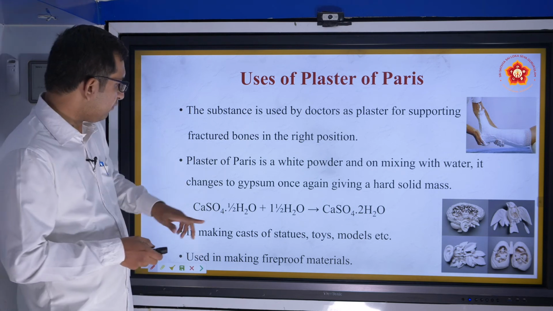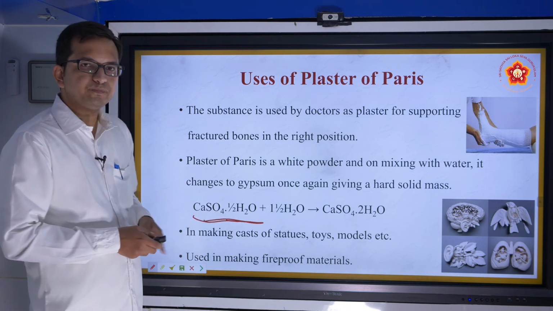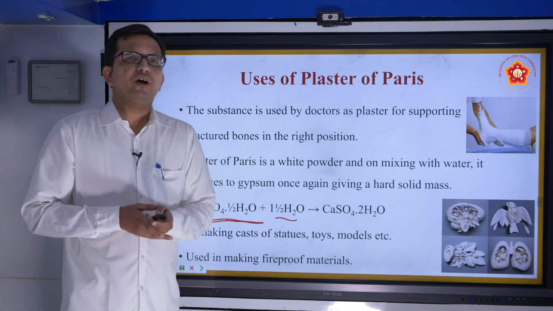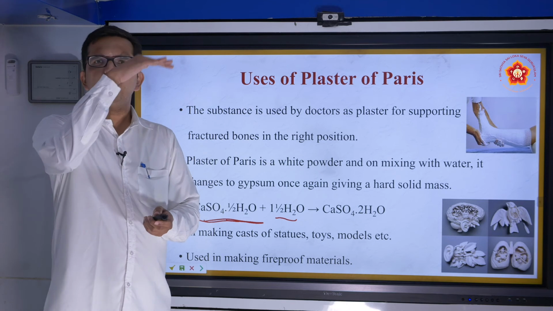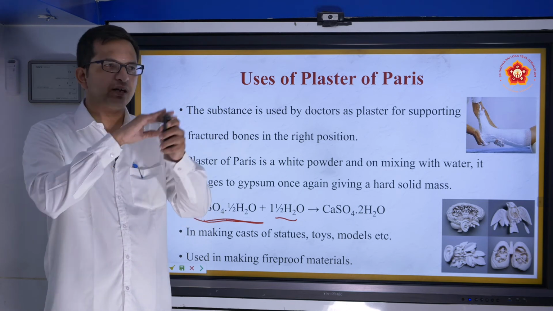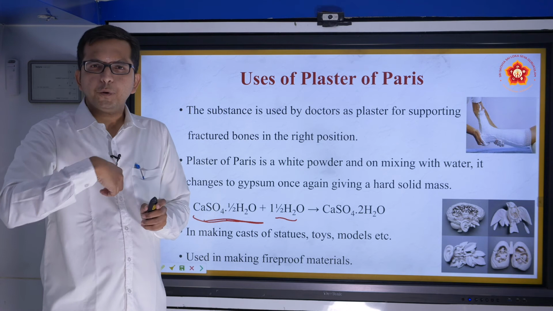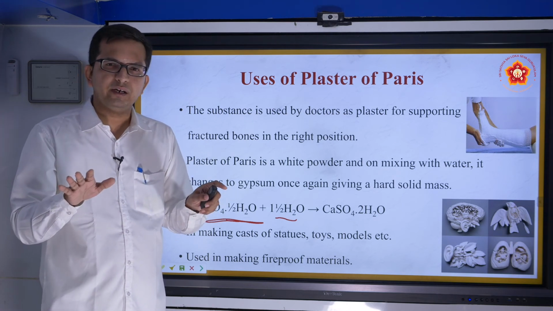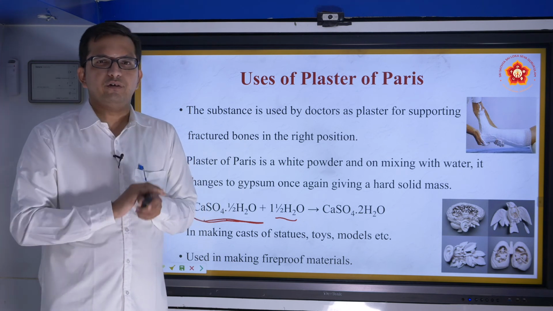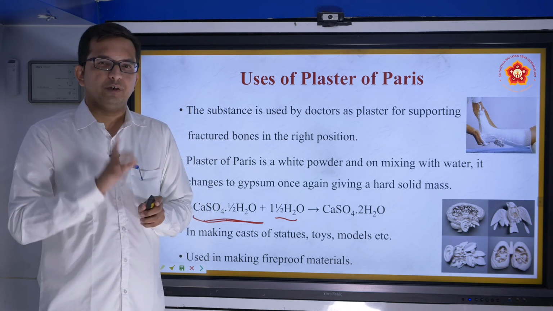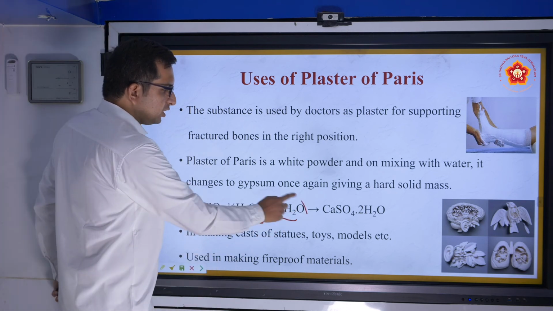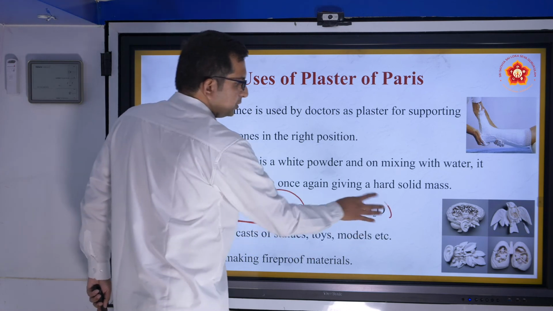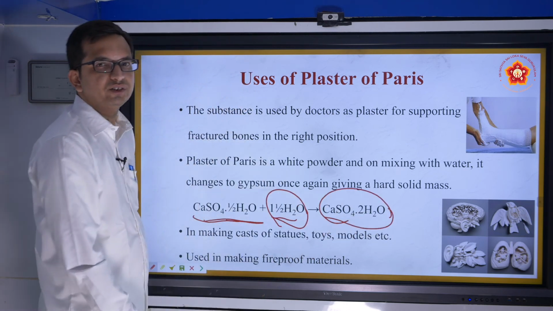Now we have to be careful that if you put water on this plaster of Paris, and I think some of your houses will have a roofing of plaster of Paris where nice designs are made, if you put water on that, all its properties get dissolved. Basically the plaster of Paris roofing that you have done will not be stabilized further, because when you put sufficient amount of water, that is 1.5 molecules of water, it will become gypsum, which again is a hard substance.